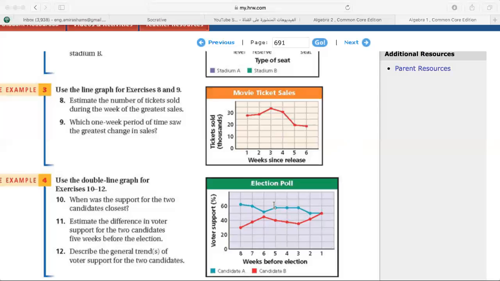Week 6, we see the two are close to each other. A is in the middle, almost 51, and B is under 50, which was 48. So 51 and 48, they are close to each other. And then till week 1, they got the same number of voters. It is here 50. Both got 50.